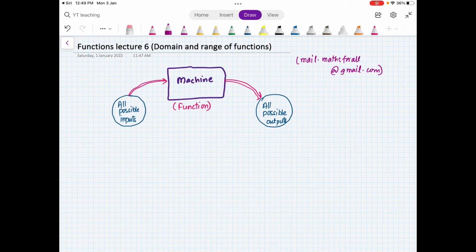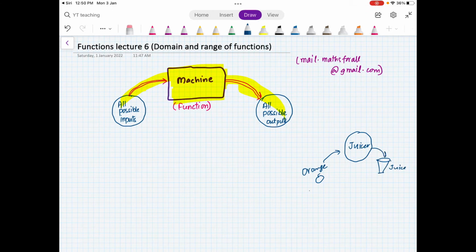So I would like you to think of a function as a kind of machine. You input something in that machine and you get some output, right? For example, if you have a juicer, you just input in that juicer, say, an orange, and you get a glass of fresh juice.